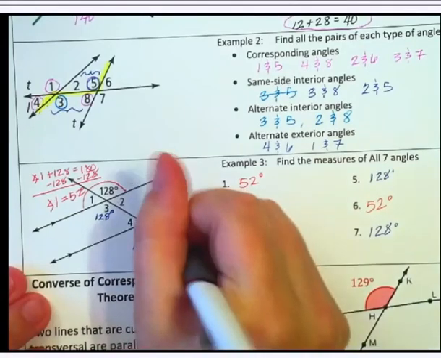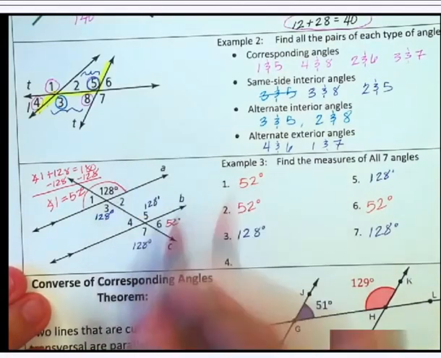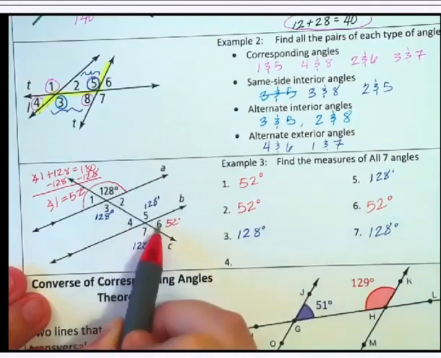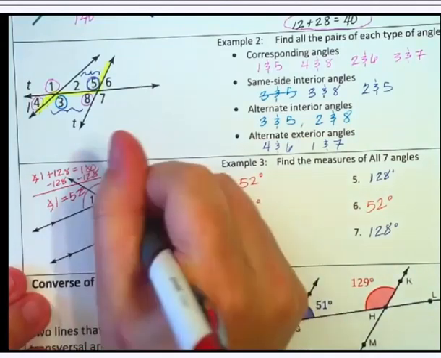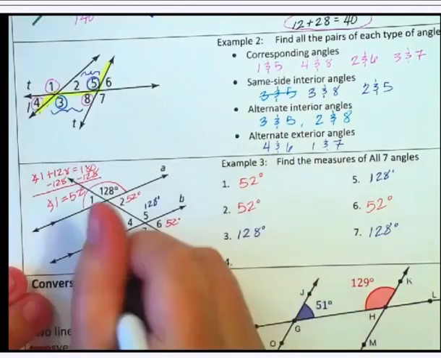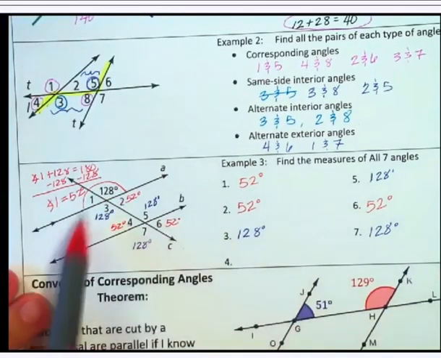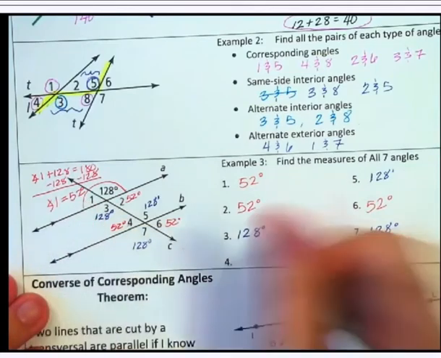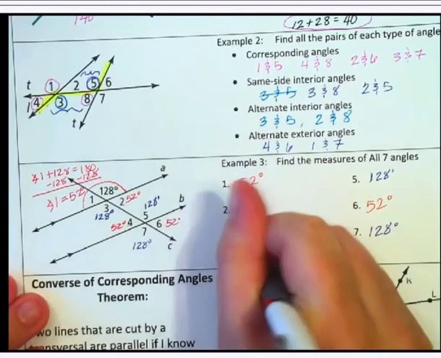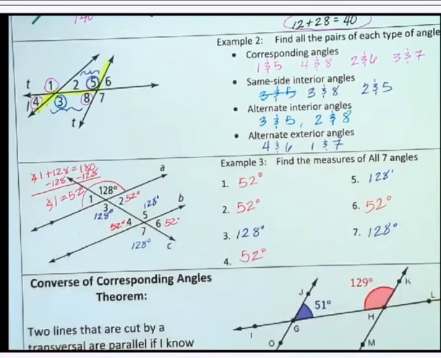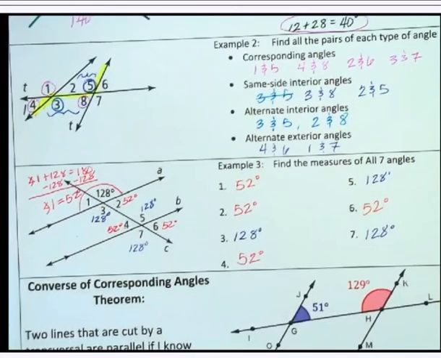And you could say angle 4 is a vertical angle to angle 6. So it is also 52 degrees. So you could use the vertical angle, or you could use corresponding angles again. Angle 1 and angle 4 are corresponding. Right, so we named a whole lot of angles using vocabulary and doing very, very little math.